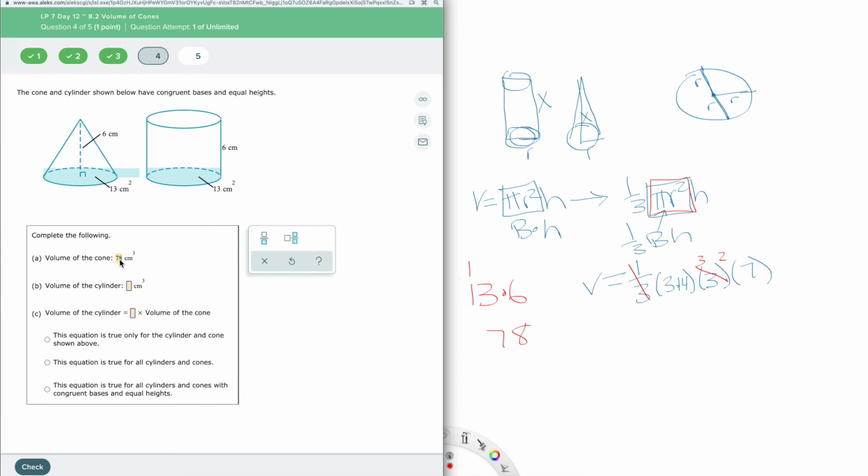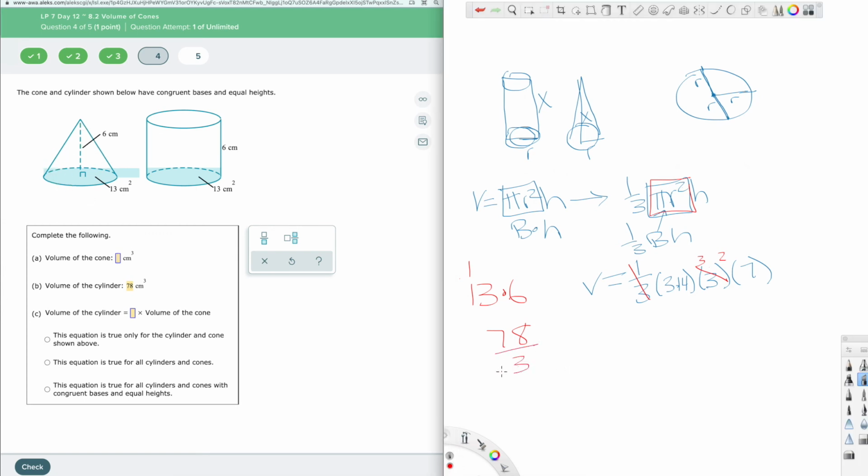I forgot to divide by 3, didn't I? The cylinder is going to be 78, but the cone is 1/3 of that. I have to divide it by 3 because we're shedding off a lot of that space when we come to this point. So I have to make sure I divide by 3, and let's see, I would get 26.